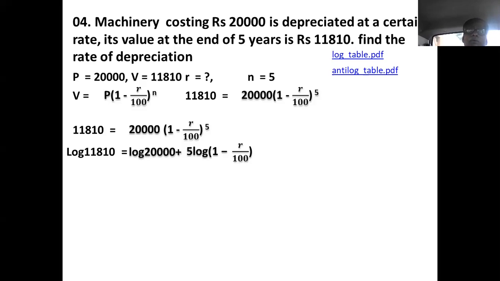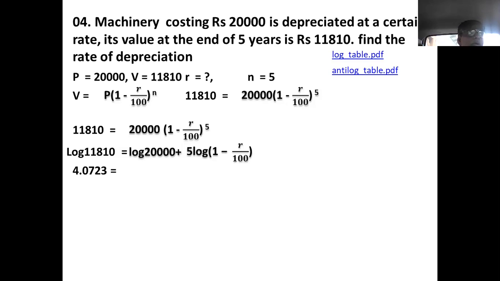If you go through the logarithm table, 1181: 11 is the natural number, 8 is the Mantissa, 1 is the mean difference. If you see in the logarithm table, its answer is 4.0723. Then come to the next, 20,000.